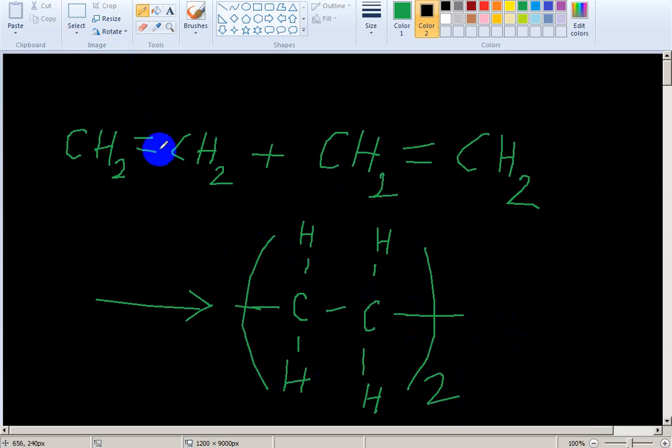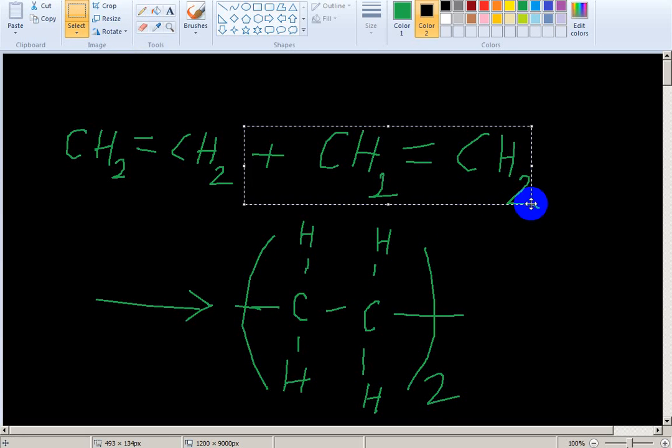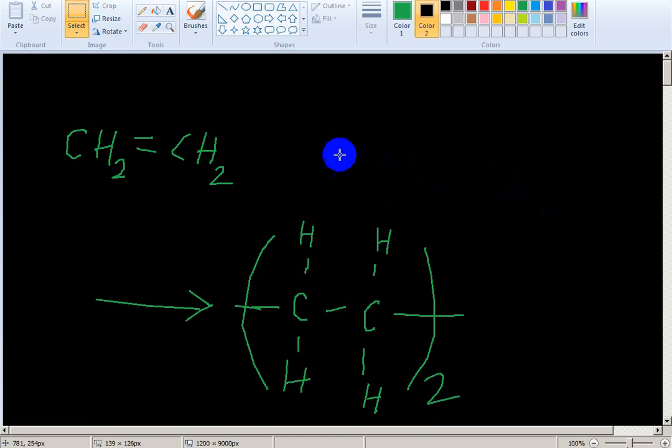Okay, when two molecules join together, you can write it this way. You can write its polymerization form. If three molecules join together, you can write 3 here.